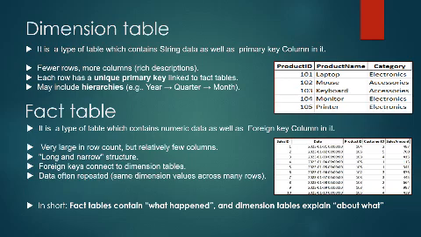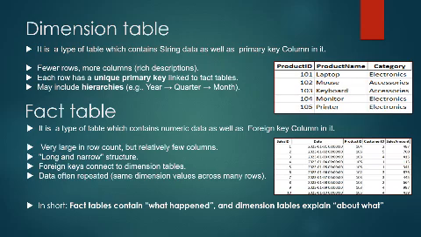We have some characteristics for this. Let's go to the characteristics: it has fewer rows and more columns, rich in descriptions. That means it always explains the data only. It always explains about the products, categories, and dates.